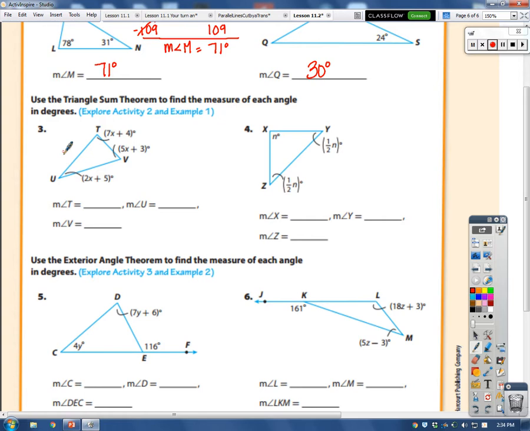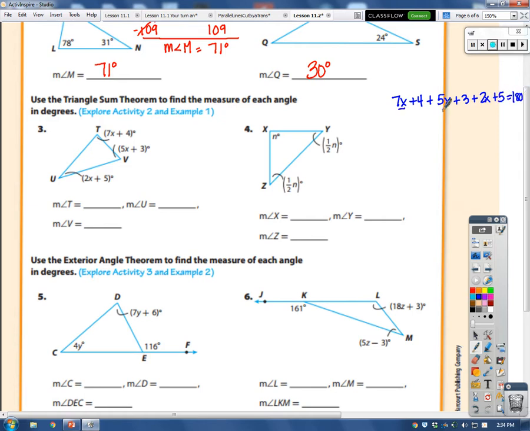So I'm going to go ahead and do that over here on the right because I've got a little more space. So I've got 7x plus 4 plus 5x plus 3 plus 2x plus 5 equals 180 degrees.